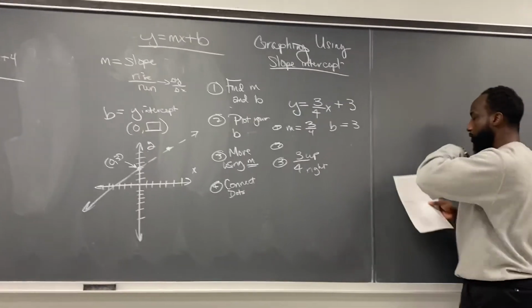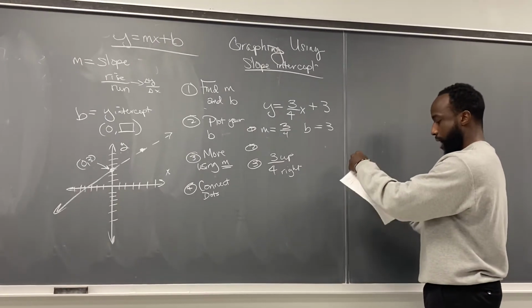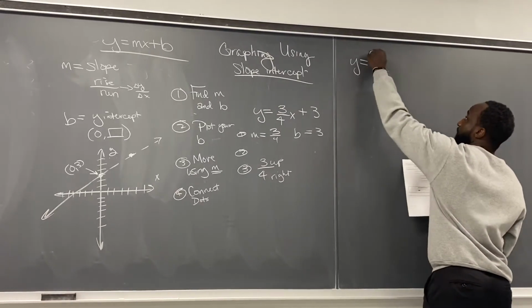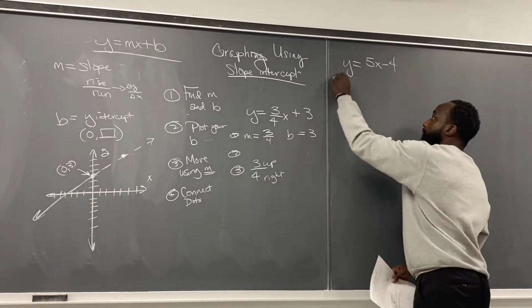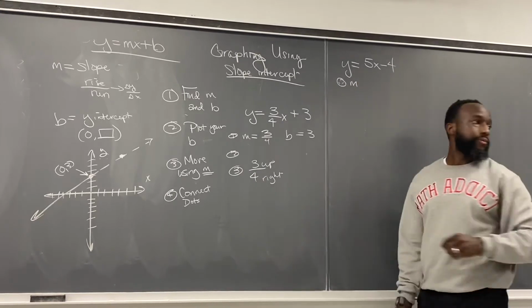All right, so let's do another one. Let's look at this example here. Y equals 5x minus 4. Number 1, find the slope and the y-intercept. Garrett, what's the slope?